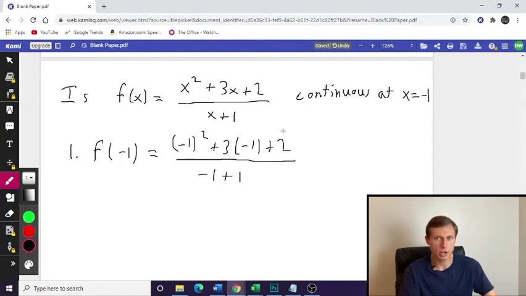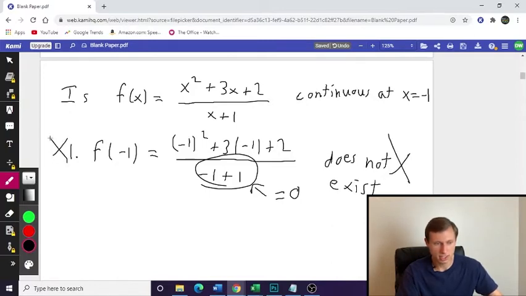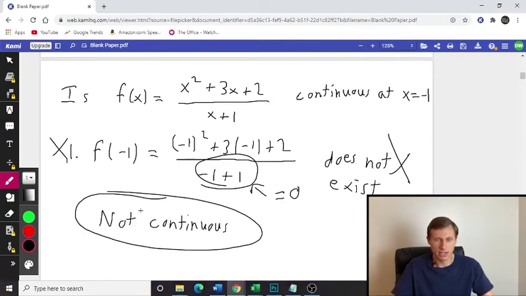And immediately a red flag should be going off because we're going to get 0 in the denominator, and I can tell you that does not exist. The denominator does not exist because we're getting 0 in the denominator. And so therefore, we already failed our first condition. Our first condition was not met, which means we don't even need to go through steps 2 and 3. We're going to say not continuous.